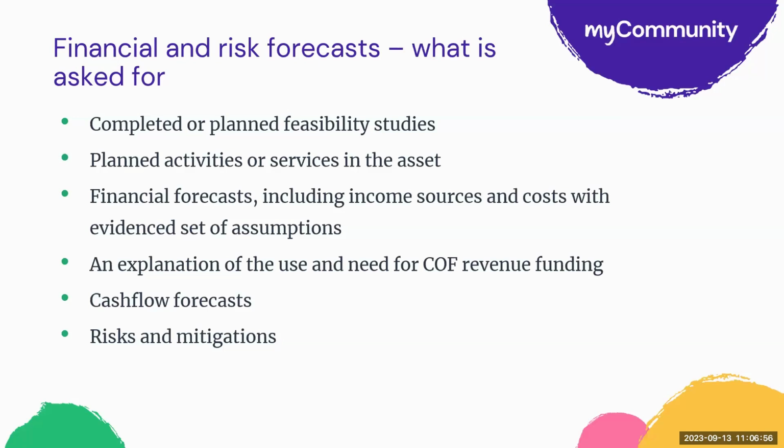You're asked for financial forecasts, which include income sources and costs with an evidenced set of assumptions. An explanation of the use and need for COF revenue funding, cash flow forecasts, risks and mitigations.